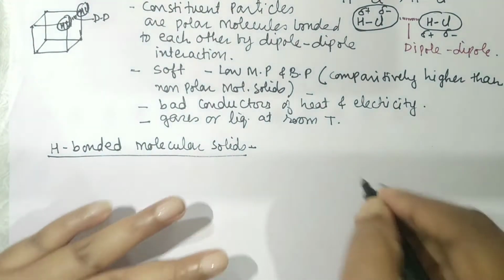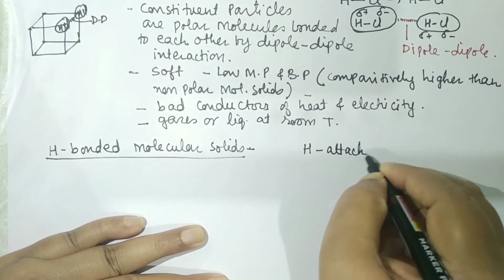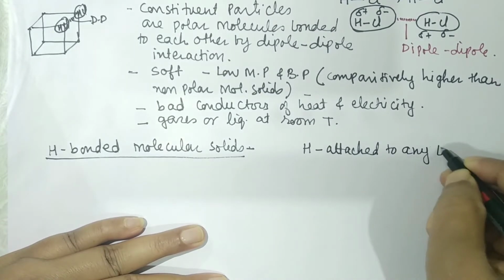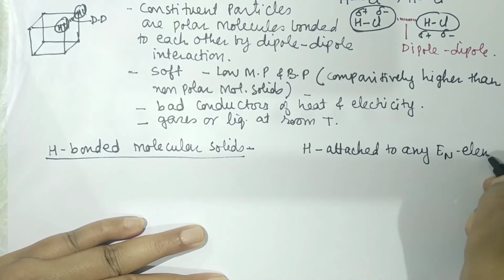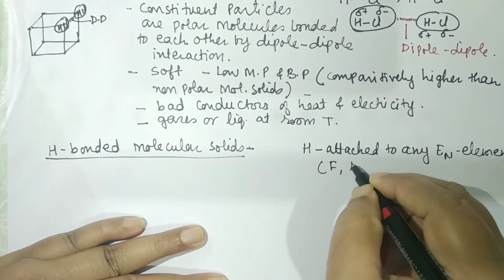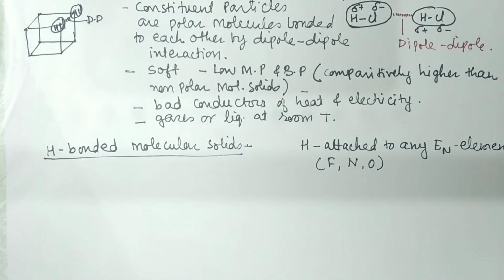Students, whenever hydrogen is attached or bonded to any electronegative element like fluorine, nitrogen or oxygen, then you see the presence of a hydrogen bond, right?